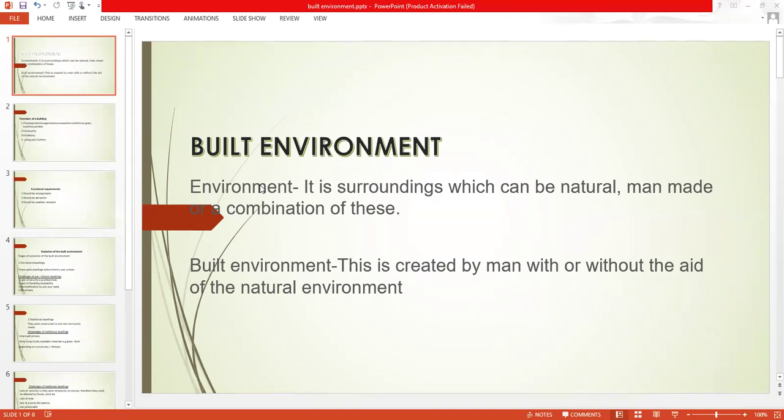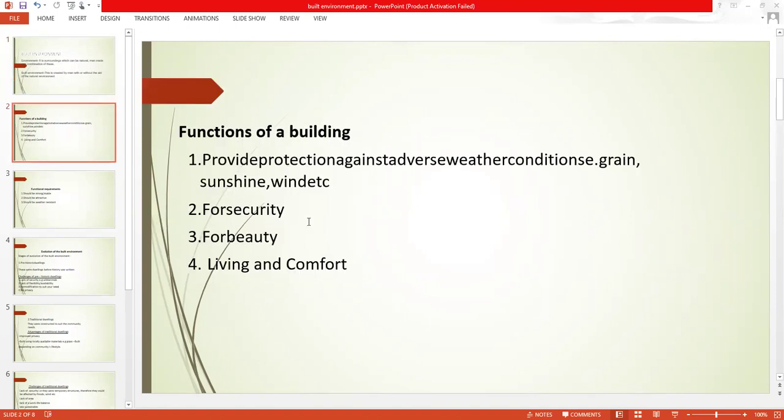Then we have the built environment. This is created by man with or without the aid of the natural environment. So up to there, are we okay? Yes, Madam Wambui.